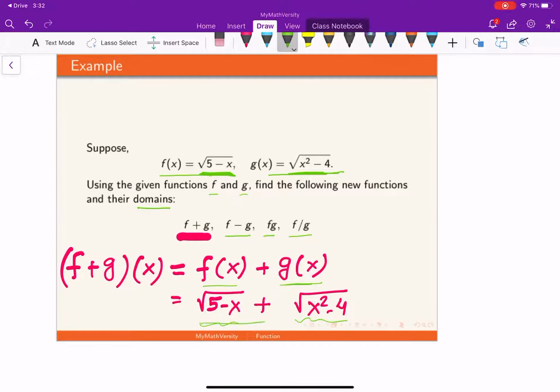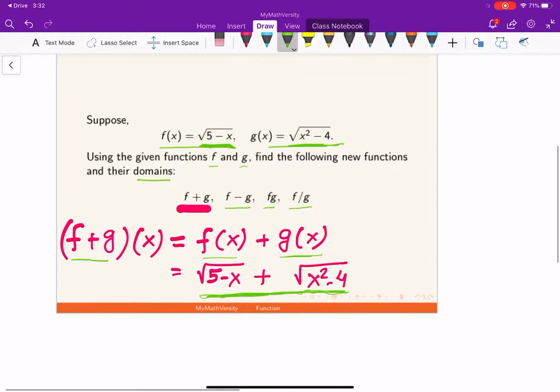The square root of 5 minus x plus the square root of x squared minus 4 is the sum of f and g. So f plus g is this function. Very easy to find the new function, right?